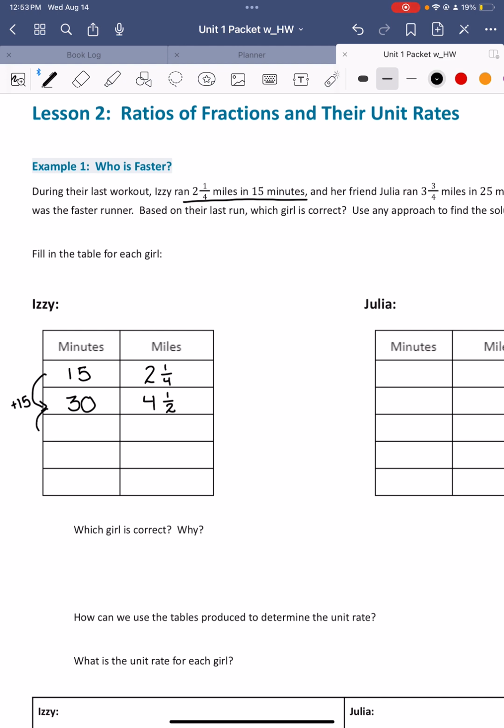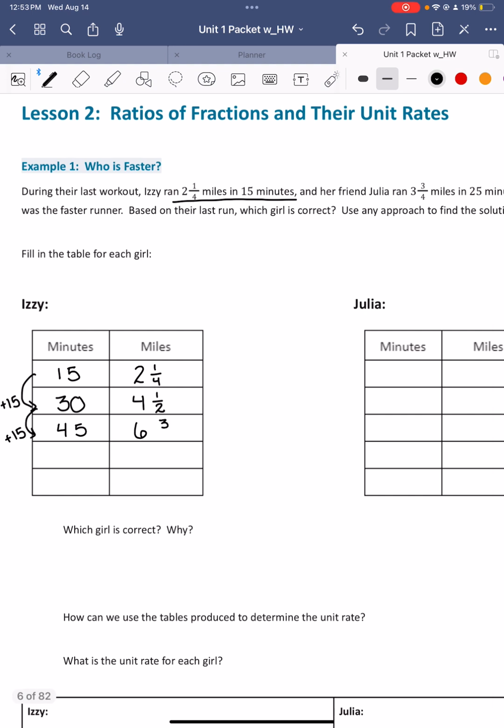I'm going to do that same thing again. I'm going to add an additional 15 minutes, which would give me 45 minutes total. And I'm going to add 2.25 again to 4.5. That gives me 6.75. I'm going to add another 15 minutes, which brings me to 60 minutes or 1 hour.